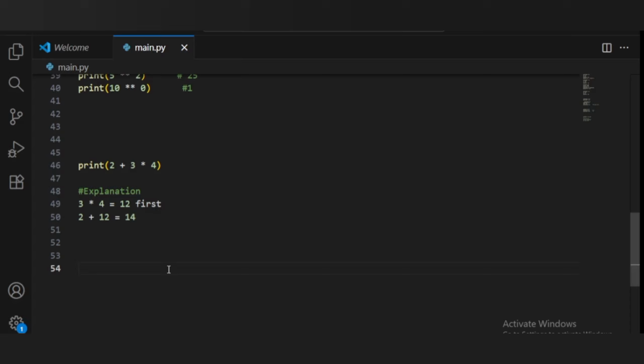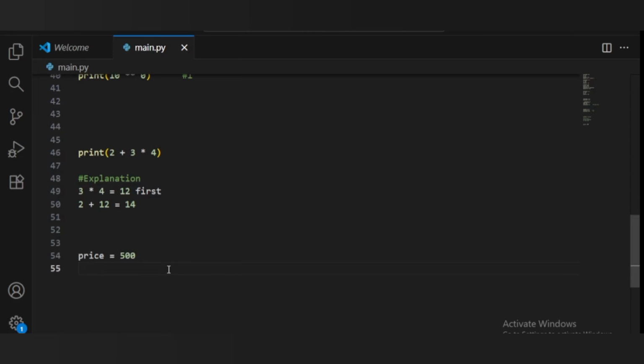So now I'm talking about calculator and discount examples. I will show you some examples. Price is equal to 500. Discount is equal to 50.